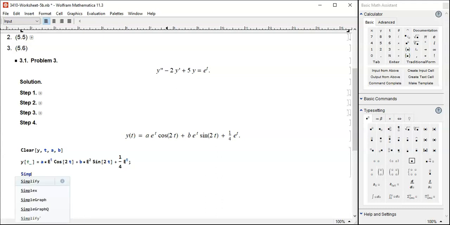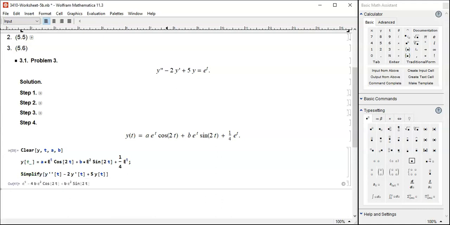And let's put this into the differential equation. Simplify. What is this?